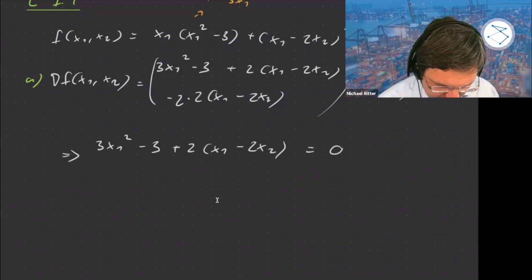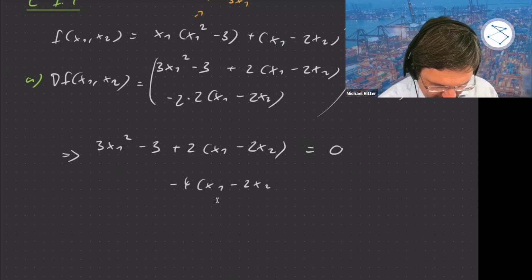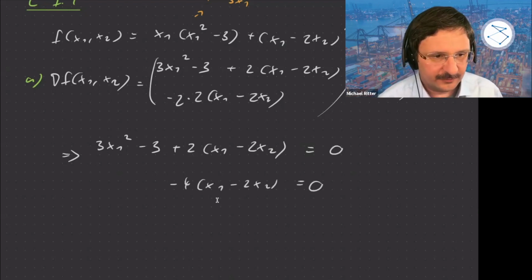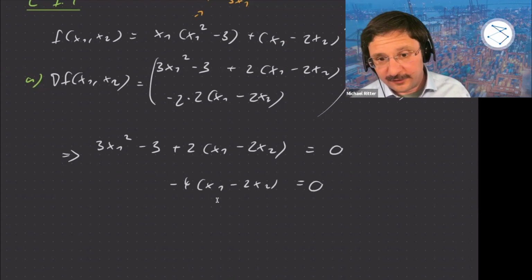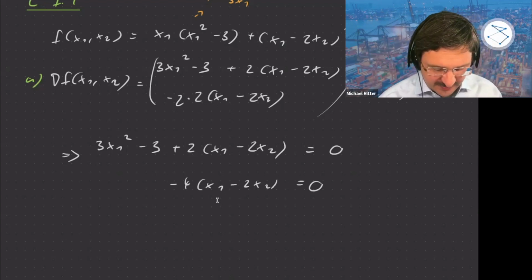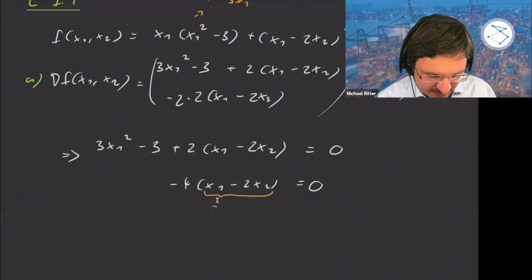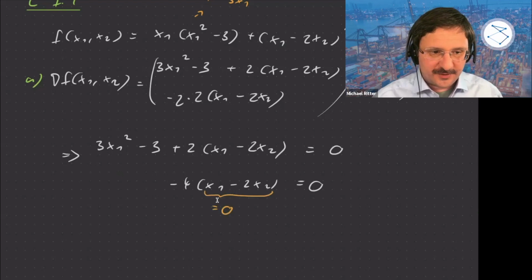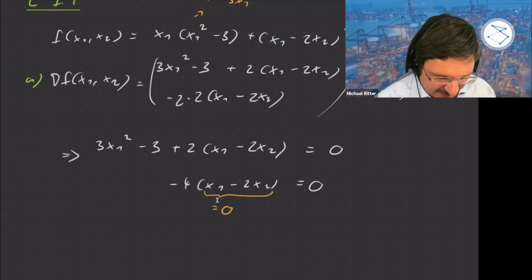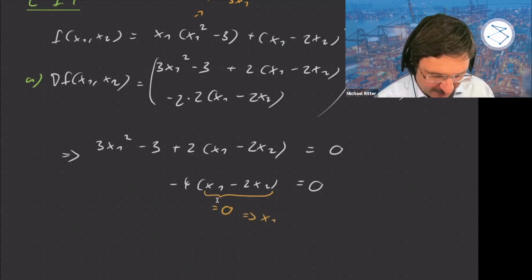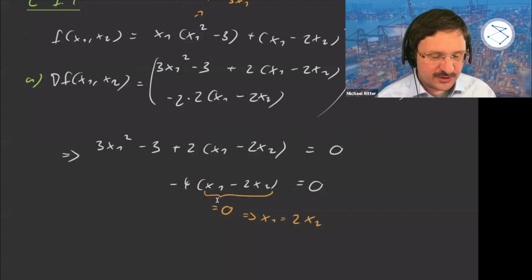And second, we have minus 2 times x1 minus 2x2 is 0. Thankfully, that second equation is pretty easy to solve for one of the two variables. If that expression is going to be 0, then this here must be 0. And that means x1 must be equal to 2x2.